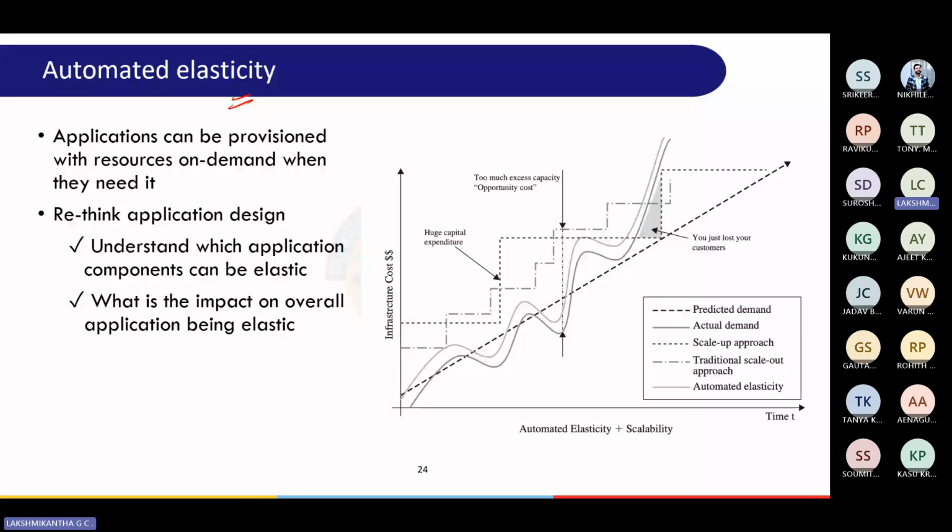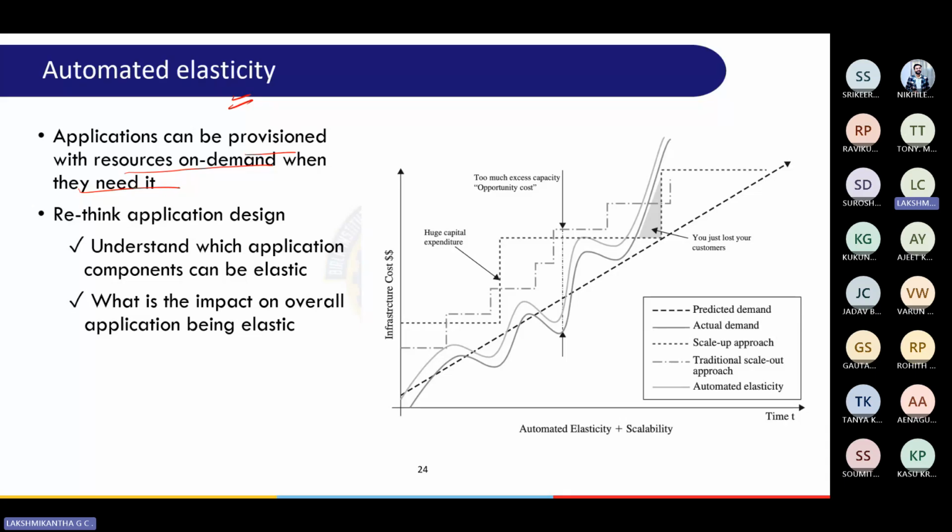So here the goal is simple, guys. Applications can be provisioned with resources on demand when they need it. Very simple. Your big data processing spikes at midnight due to a data ingestion job. The system should automatically scale out. When the job finishes at 2 a.m., it should scale back in.